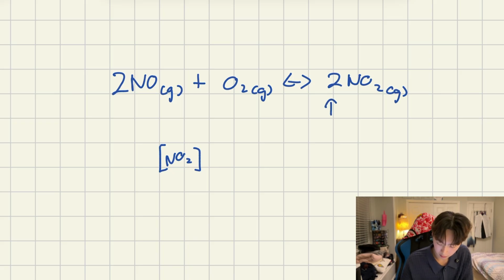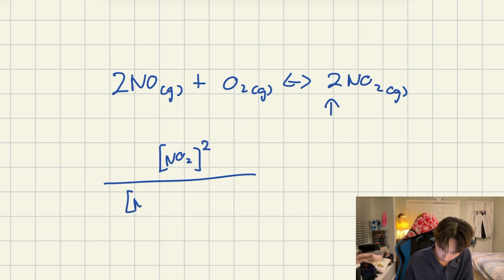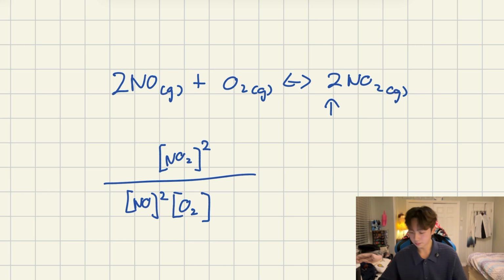So this one has a 2, so it's to the power of 2. And it's going to divide it by our reactants. So we have NO, make sure to square it, because the coefficient is 2, and then concentration of O2. And this is equal to KEQ.